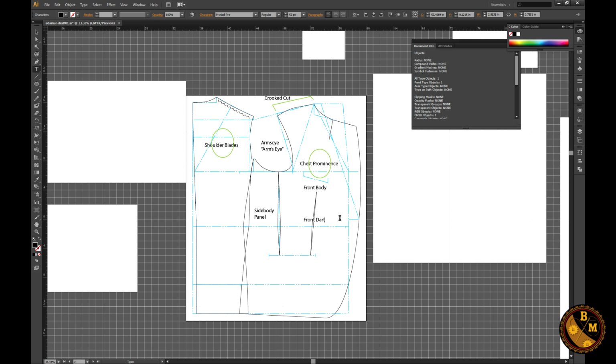This black line is your front dart. Over here is your side dart. Both of these darts are put in there to take away waist suppression and make it nice and shapely. This is your lapel.